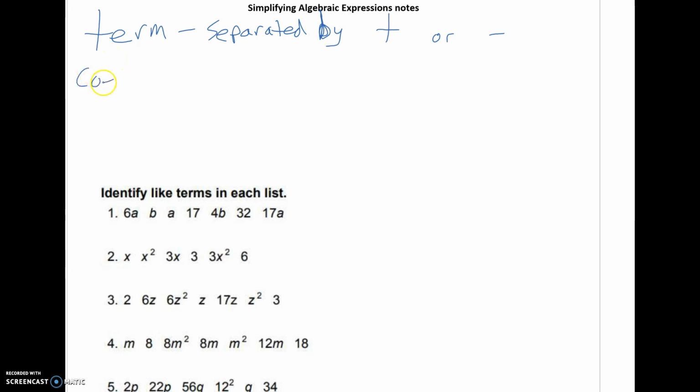A coefficient is simply the number that is attached to the variable. And when I say attached, what that really means is it's multiplied by the variable, okay? Because any number that is directly next to a variable or attached to it automatically means multiplication.